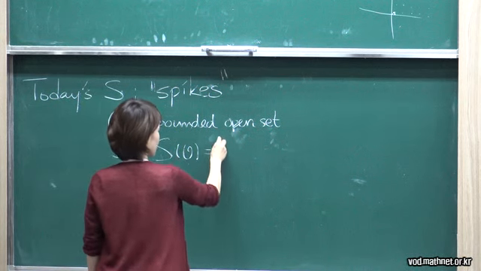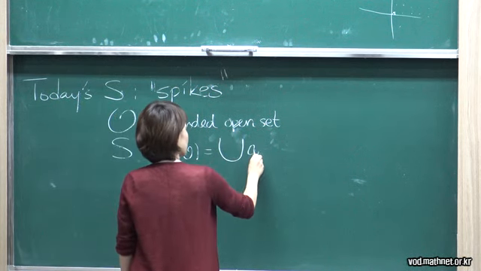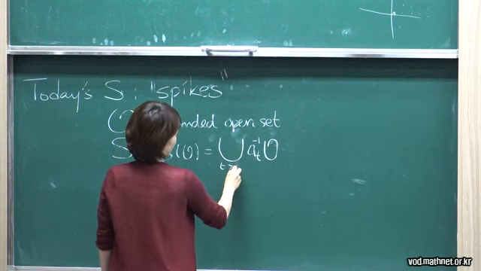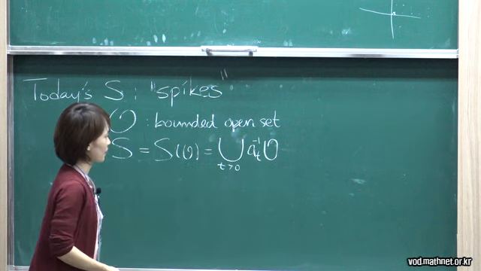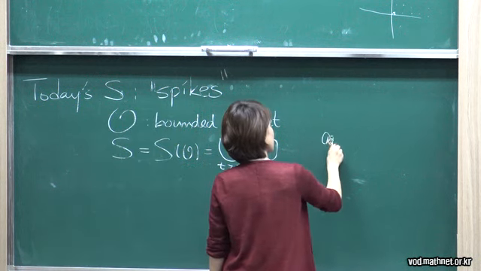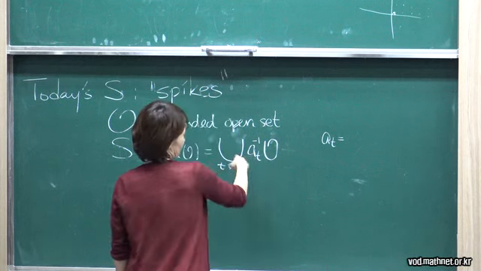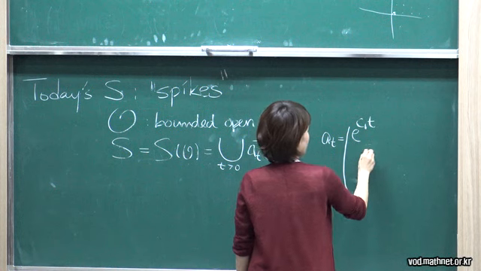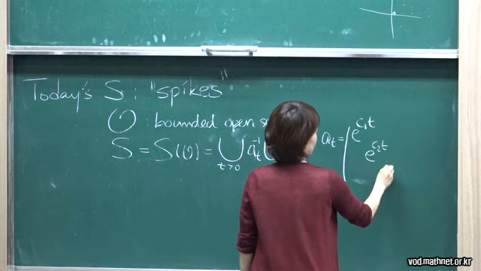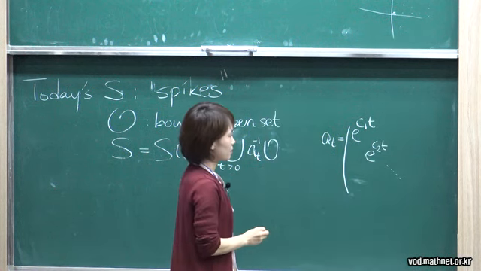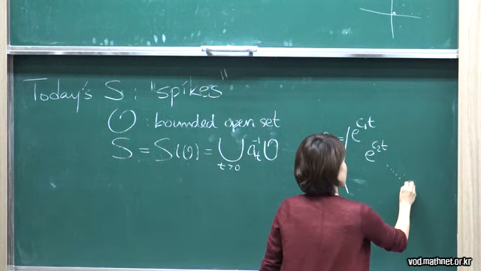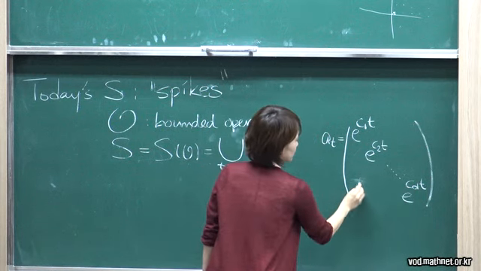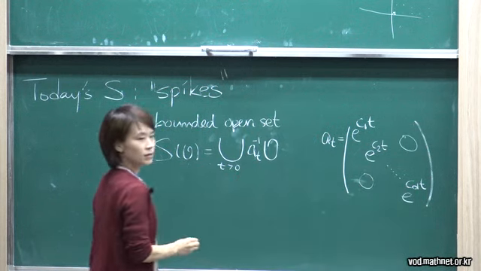It will be the inverse image of O under some flow, where a_t is a diagonal element with diagonal entries e^{c_1 t}, e^{c_2 t}, up to e^{c_D t}, and all the other entries are 0.